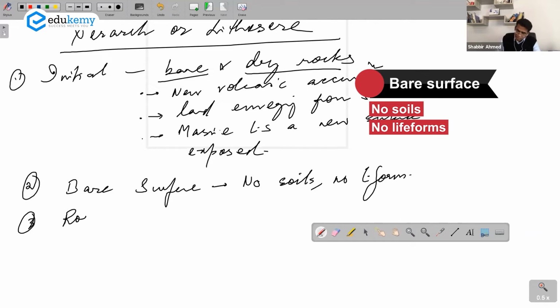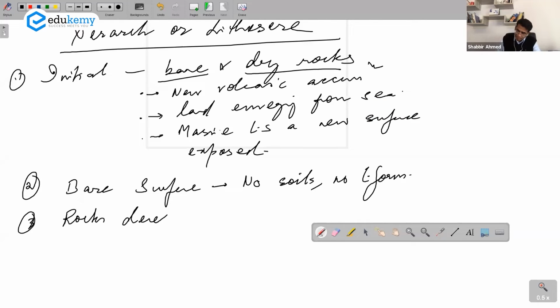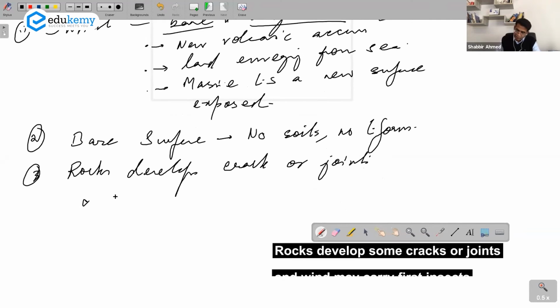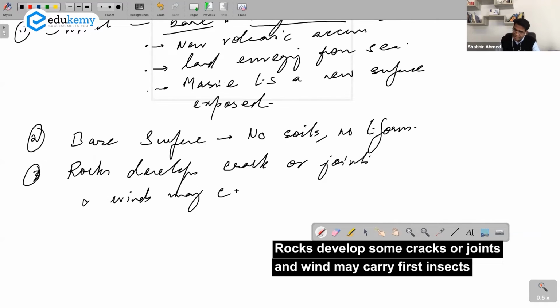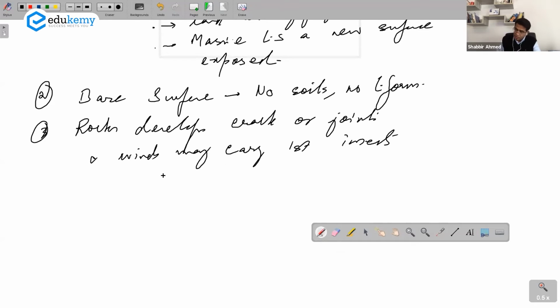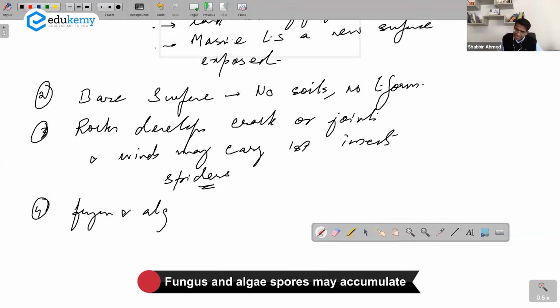The rocks develop some cracks or joints, and winds may carry the first insects. So it could be spiders. They are the ones to come in first. Next, fungus and algae spores may accumulate.